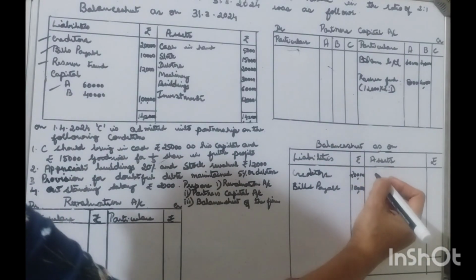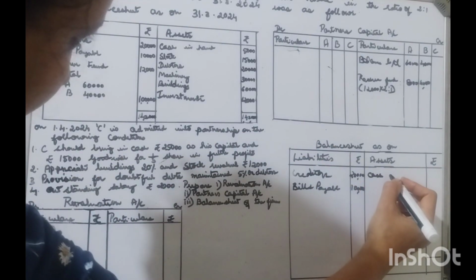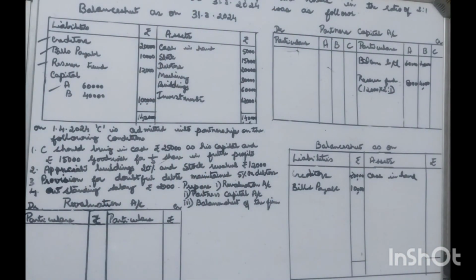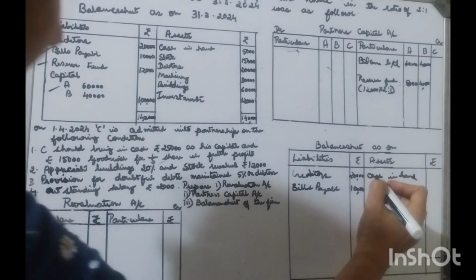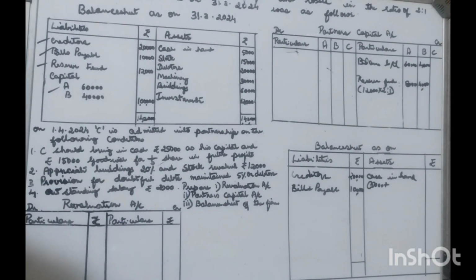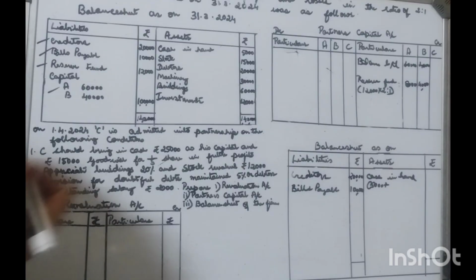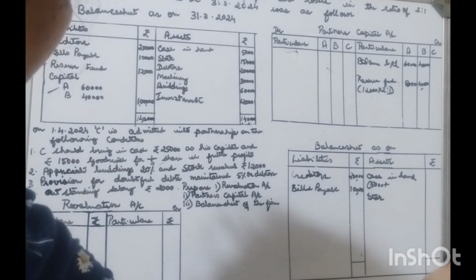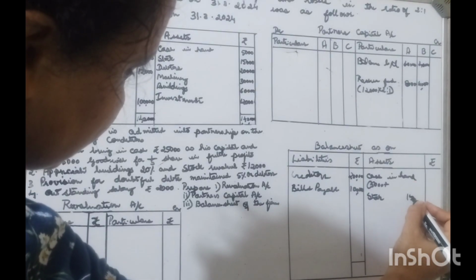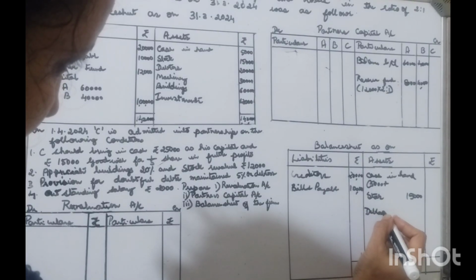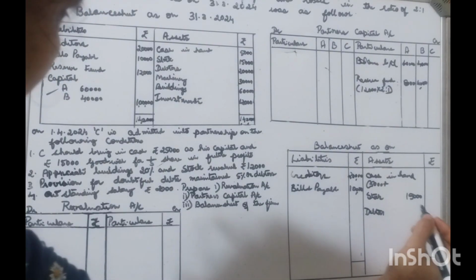Cash in hand is an asset that appears under the asset side: 5,000 plus certain adjustment. Next, stock is an asset: 15,000 with certain adjustment. Next, debtors, one of the current assets: 20,000.